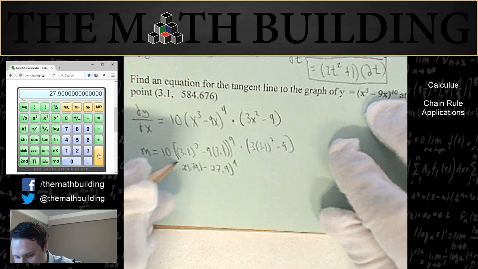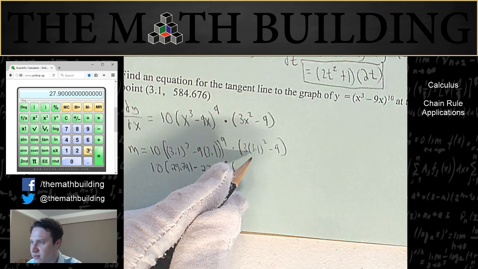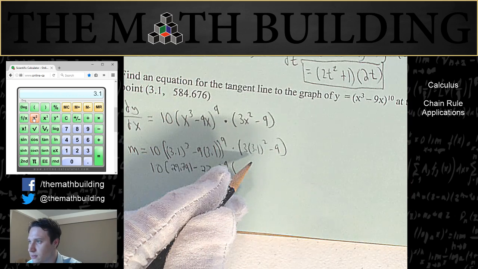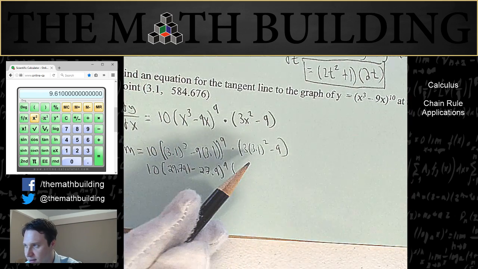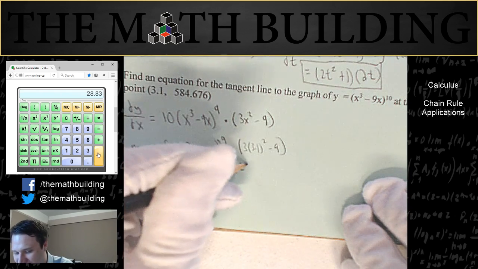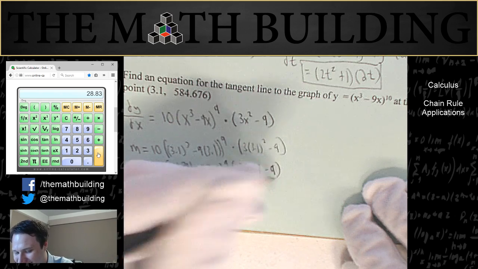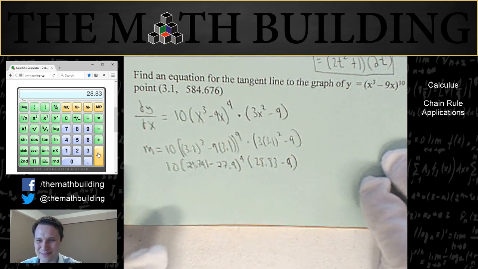That's going to be taken to the 9th power times 10. Inside of here, we've got 3.1 times 3.1, which is 9.61, times 3, which is 28.83. This is going to be super steep. I can just tell.